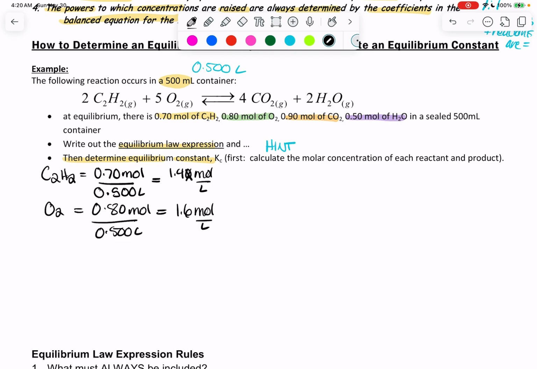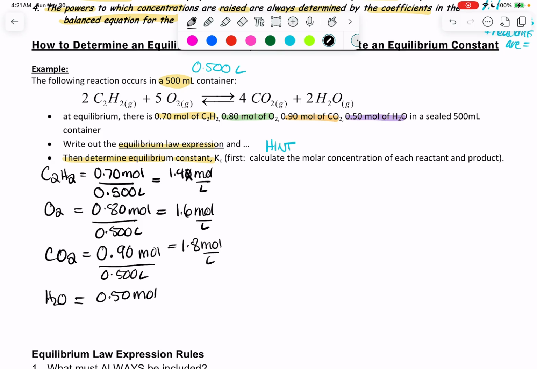For carbon dioxide, CO2, that is equal to 0.90 moles over 0.500 liters, which should equal 1.8 moles per liter. And lastly, water, H2O, is equal to 0.50 moles all over 0.500 liters, which should equal 1 mole per liter.